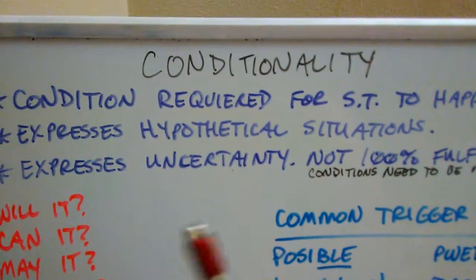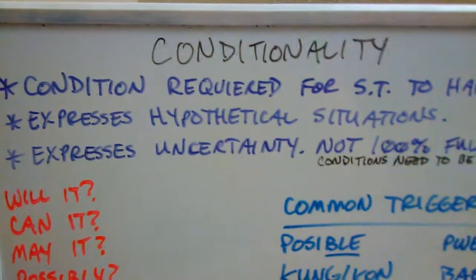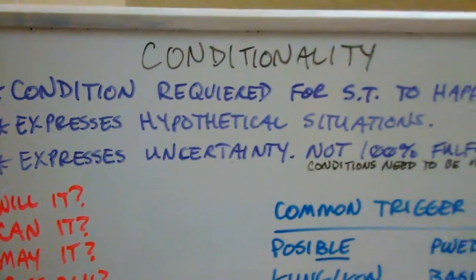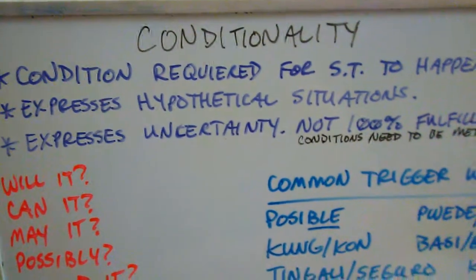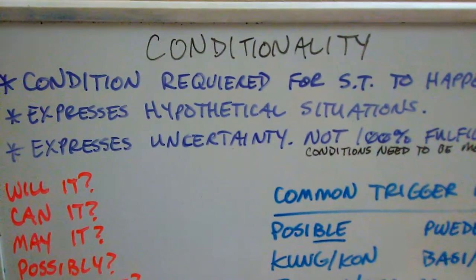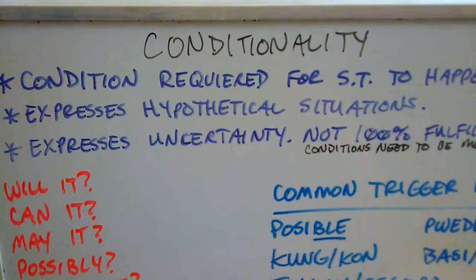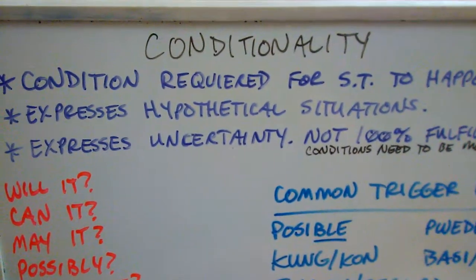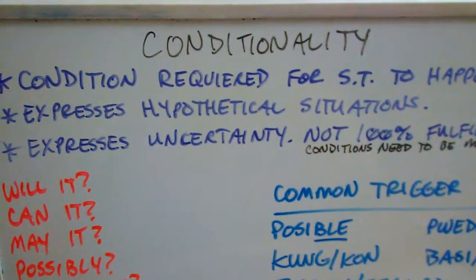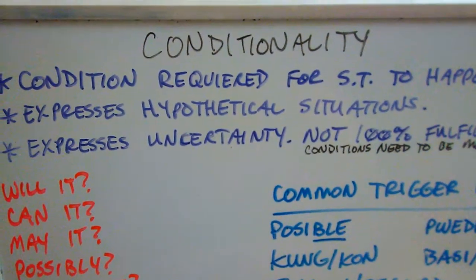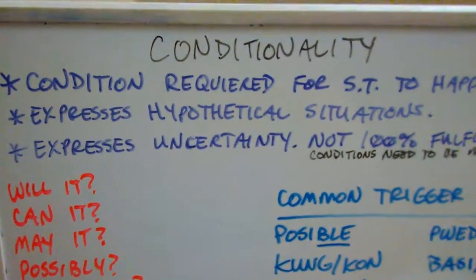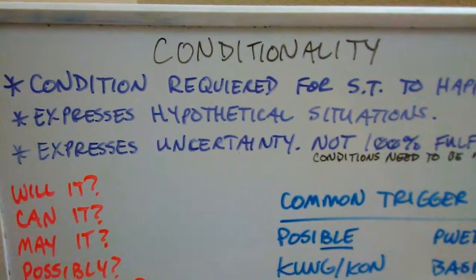Well, same with here. It's the same concept. Something needs to be met in order for something to occur properly, right? It expresses hypothetical situations. Remember, if I'm telling a story, or if you're just describing something, you're giving these hypothetical situations that are not always 100% accurate or true or will happen, right?